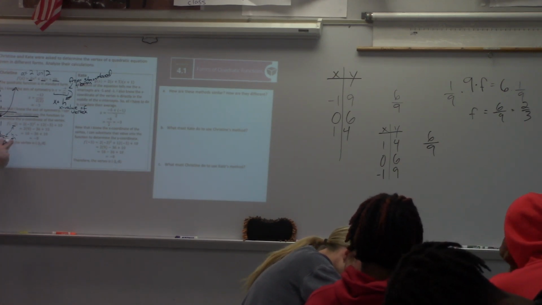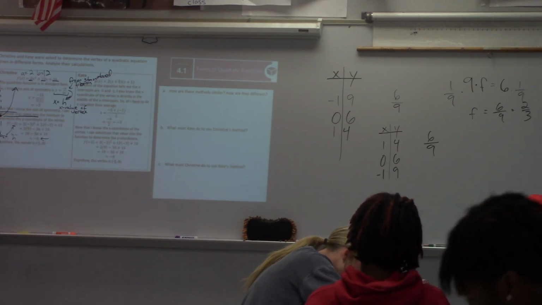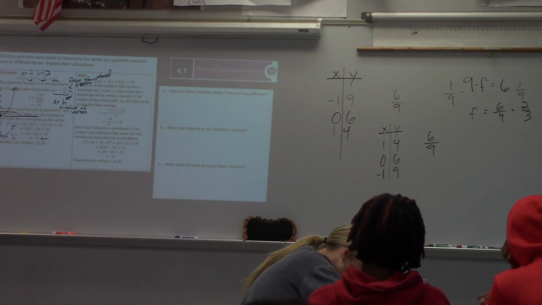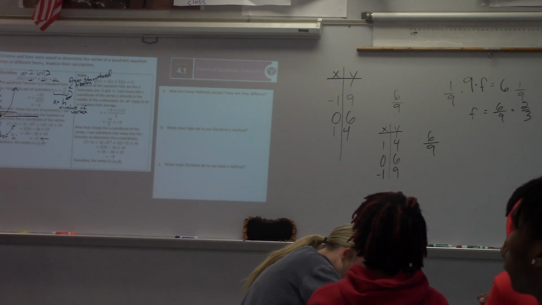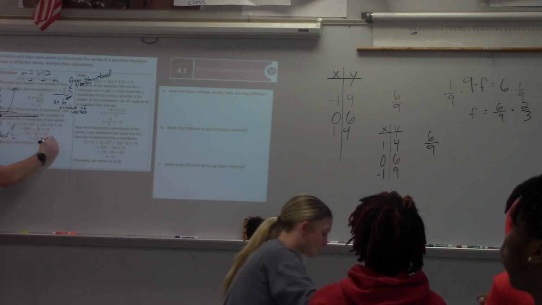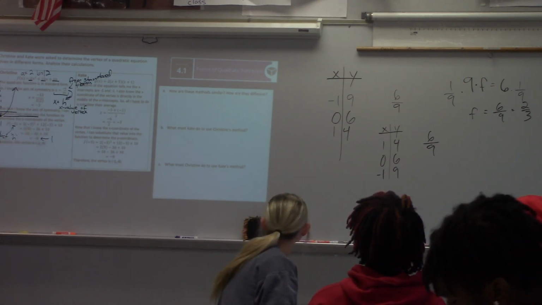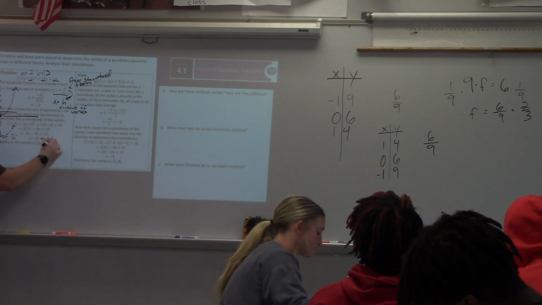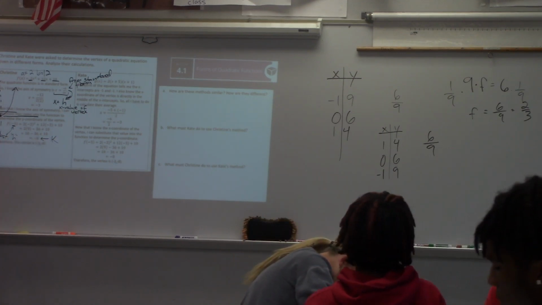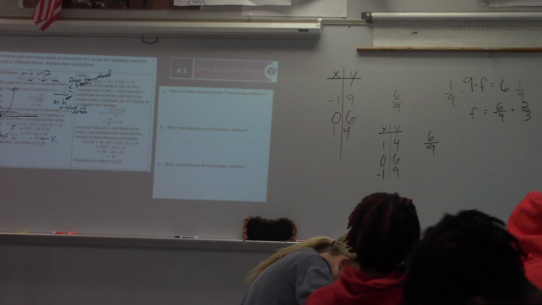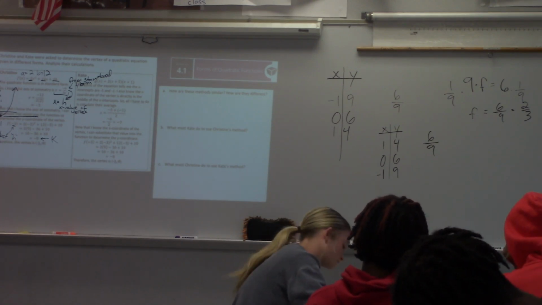If h is what's going in, this negative 8 that she's getting out is the what? The output. What's the output for the vertex? What symbol do we use? Didn't we use k? H comma k for my vertex.